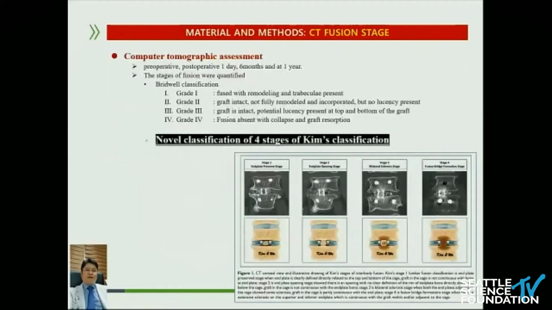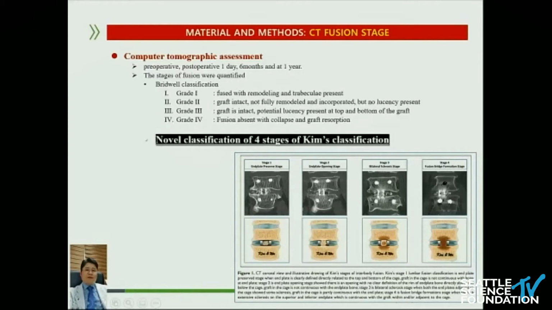This study evaluated the fusion grade based on CT performed immediately after surgery, at 6 months, and at 1 year. In addition to the already well-known Bridwell classification, we used a novel 4-stage classification, Kim's classification, based on the CT follow-up.